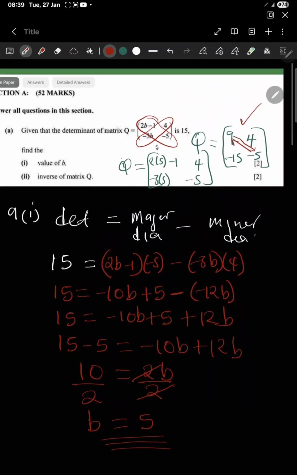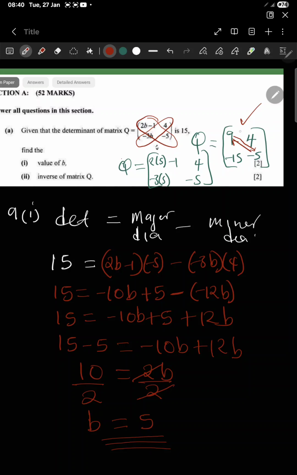Then those elements in the minor diagonal, you need to leave them the way they are, but change their signs. So from here, we are able to see that this is a negative 15. So when writing it on the inverse, it becomes a positive 15. Then this one, which is a 4, when writing it on the inverse, becomes a negative 4. So we are just changing the signs of the minor diagonal.